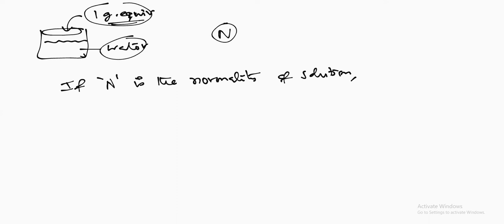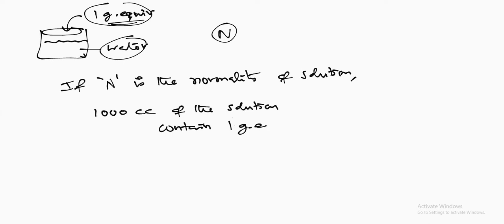The meaning is this: 1000 cc, or 1 liter, of the solution contains N gram equivalents of electrolyte.